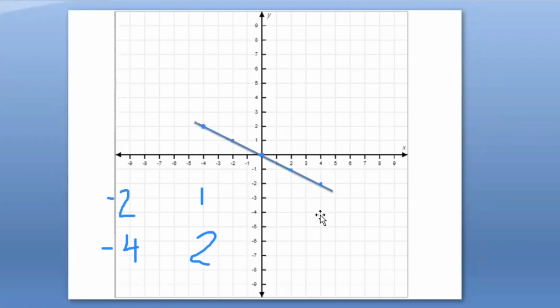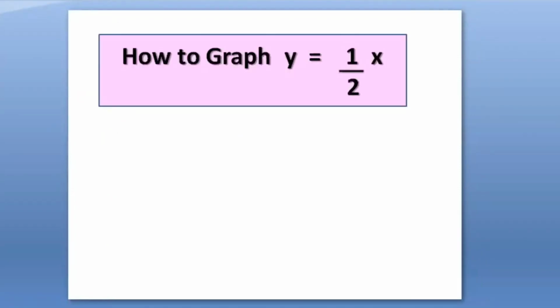So this is the line that I got for the equation.